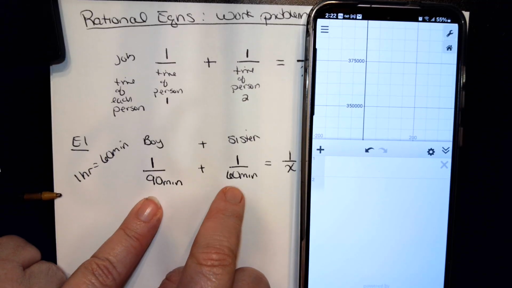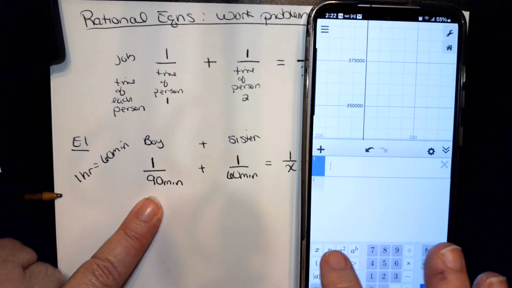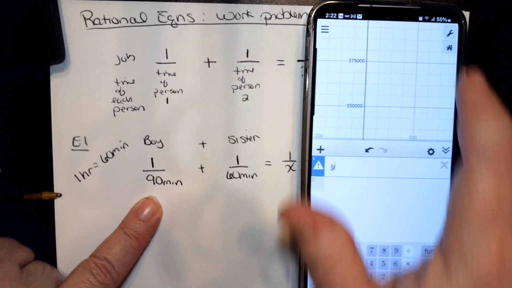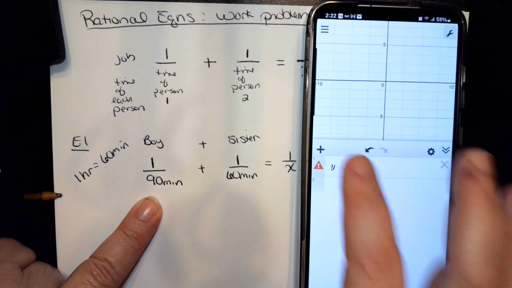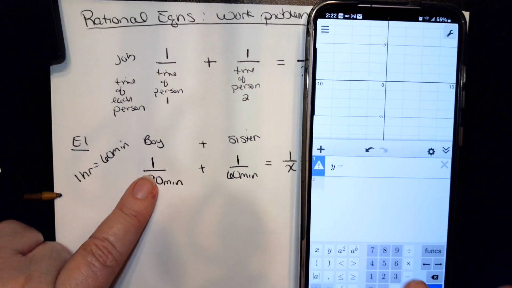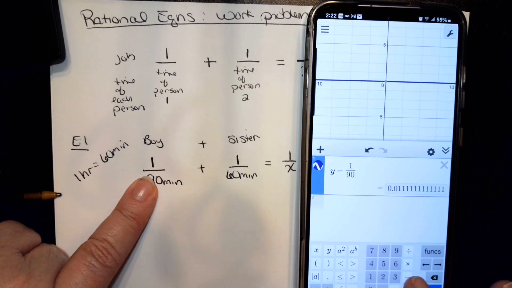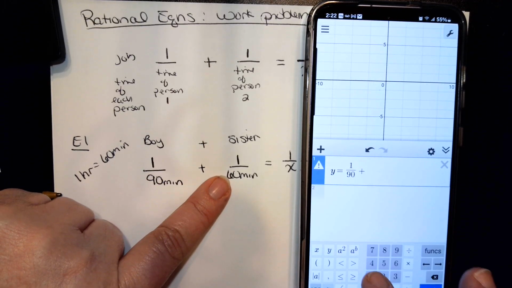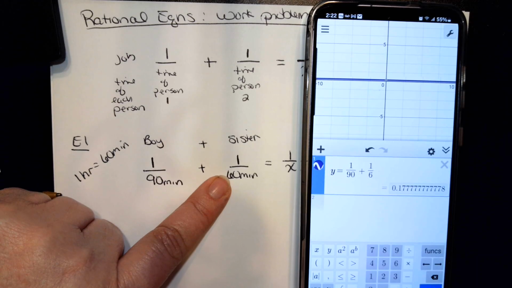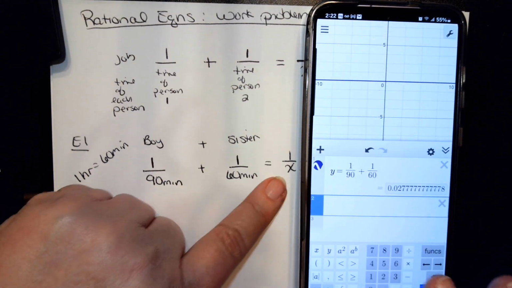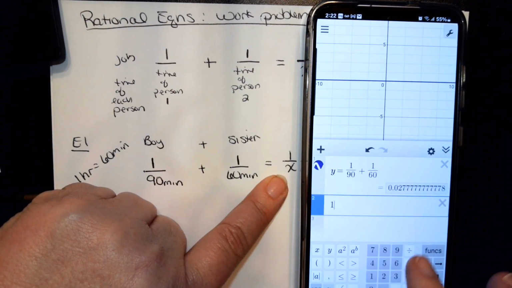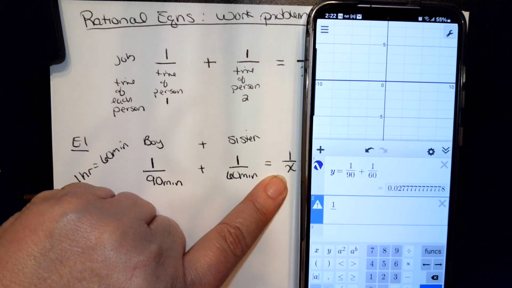The left side does not have a variable, so I need to make sure I do y equals 1 divided by 90 plus 1 divided by 60. And then on the right side we've got 1 over x, so we're going to do 1 divided by x.